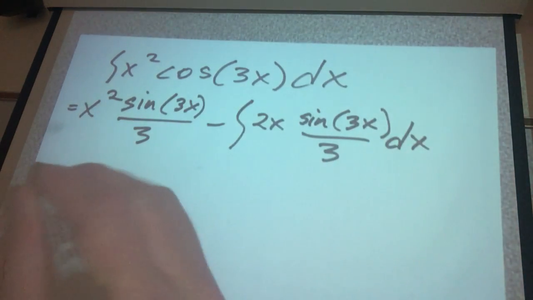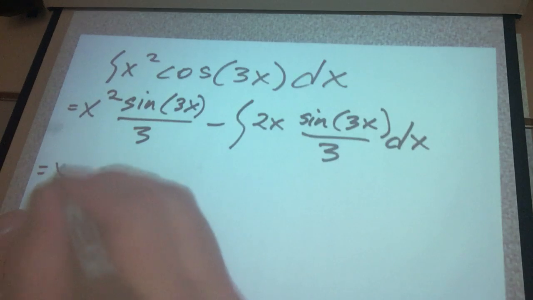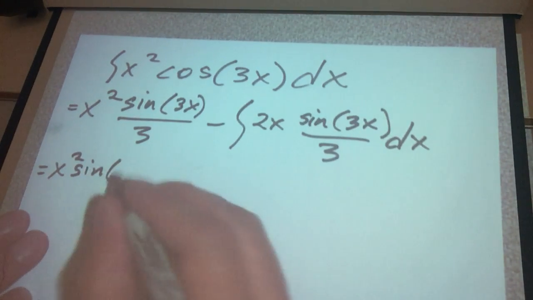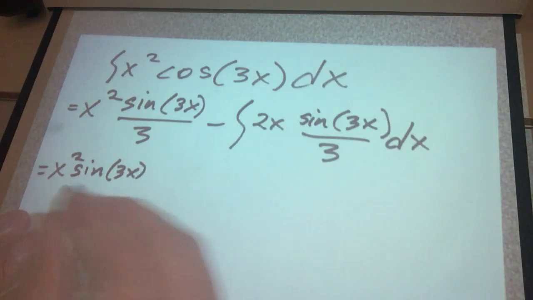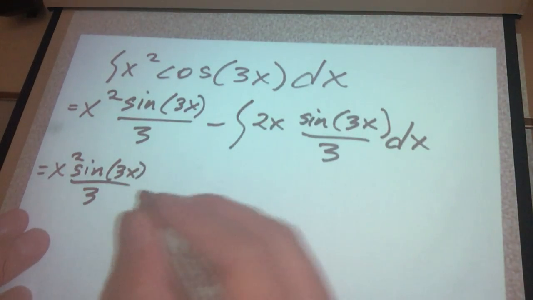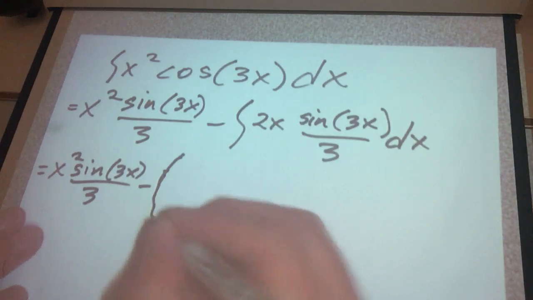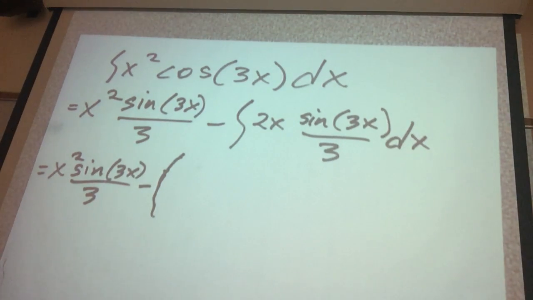Okay. So then this would become x squared, sine of 3x divided by 3. I'm going to have to try to write a little bit smaller to fit all this on here. Now, whenever you're doing this problem, especially involving the trigonometric functions, you have to be very careful with your minus signs.